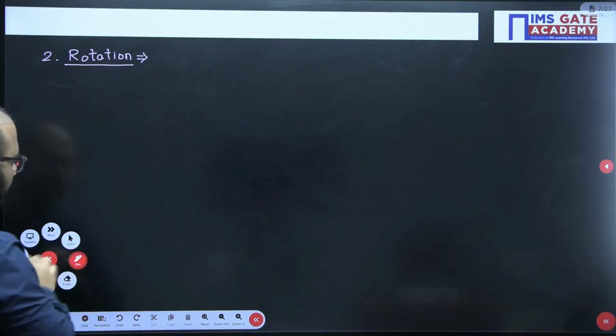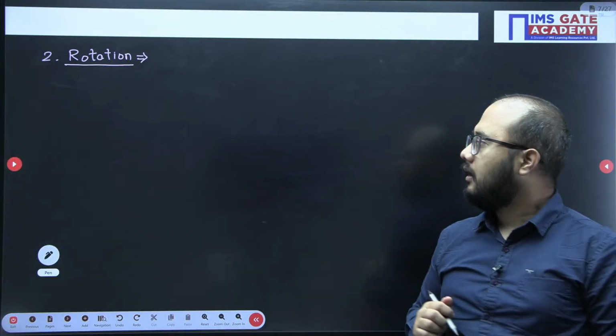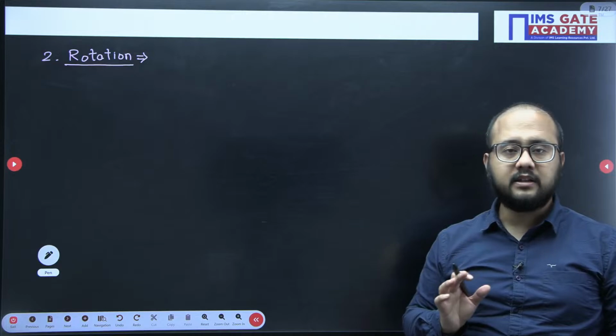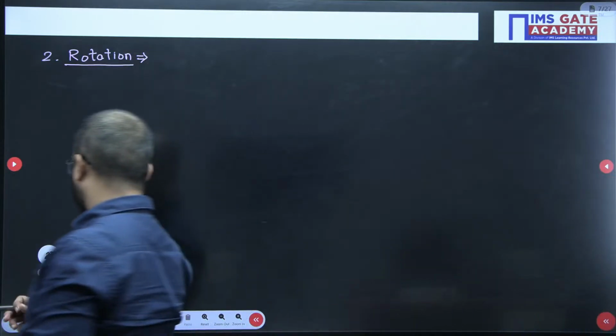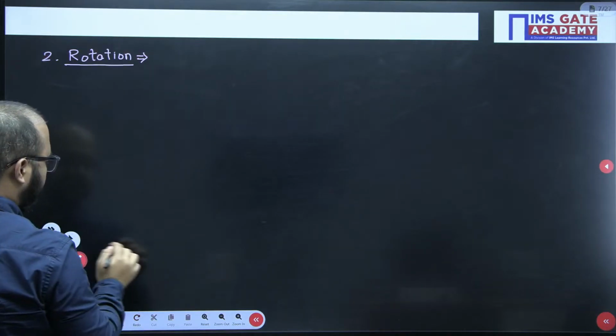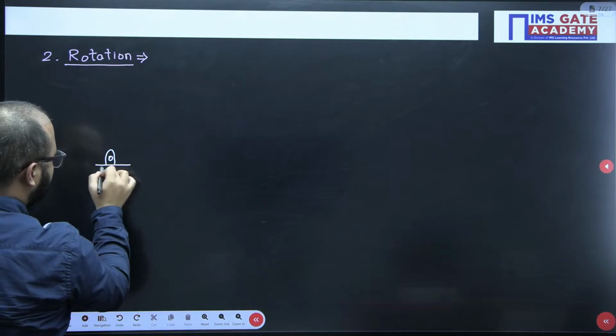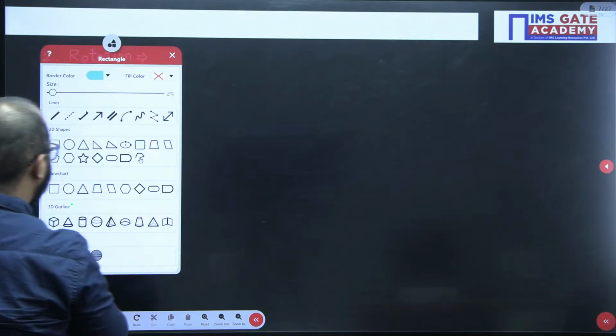Clear? Rotation part. In rotation, what happens? Let me just draw the diagram here first of all for you. Let's suppose this is a hinge joint I'm drawing.